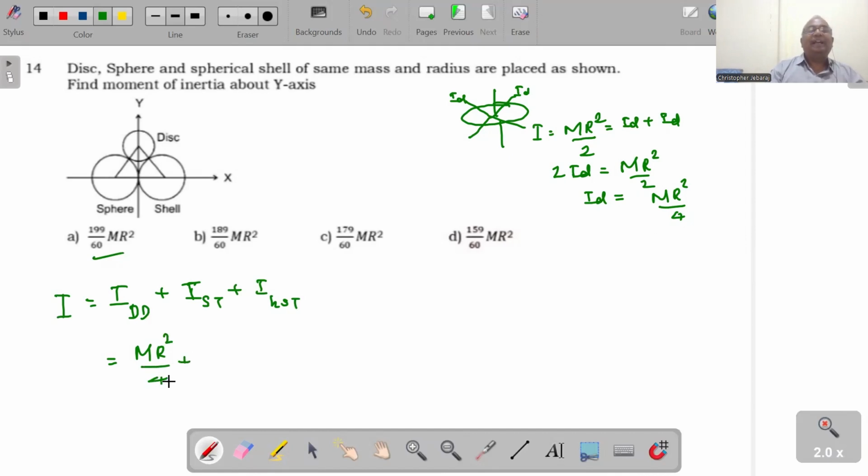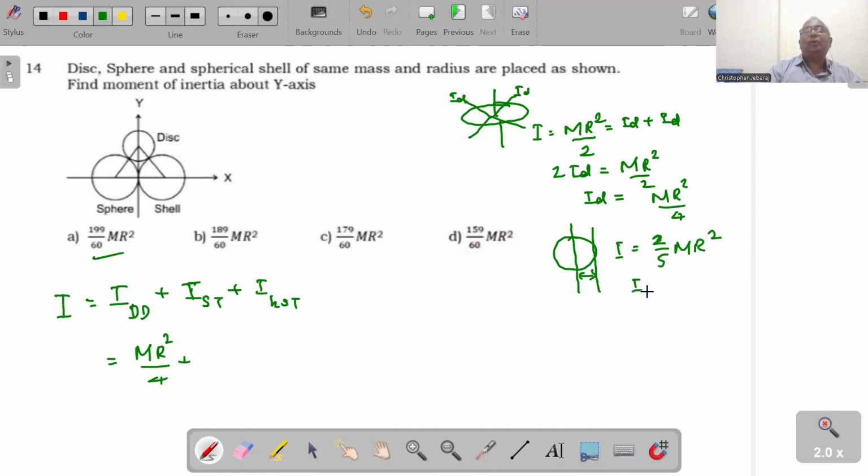Plus, next, moment of inertia of the sphere. You know the moment of inertia of the sphere about its center is 2 by 5 mr squared. But what we need is about a tangent, at one end. So apply the parallel axis theorem.